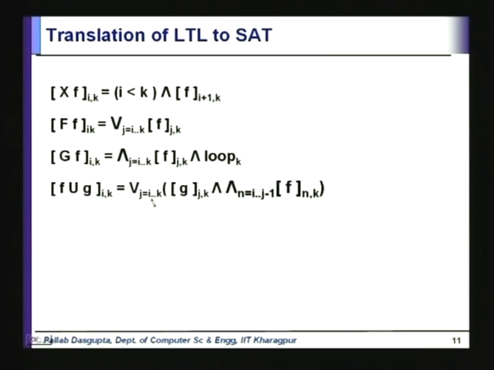So, G must hold somewhere from i to k, and in all the preceding time frames F must hold. That is what this says, that there is some j where G_j^k holds, and for all the time frames n varying from i through j minus 1, F must hold in it.